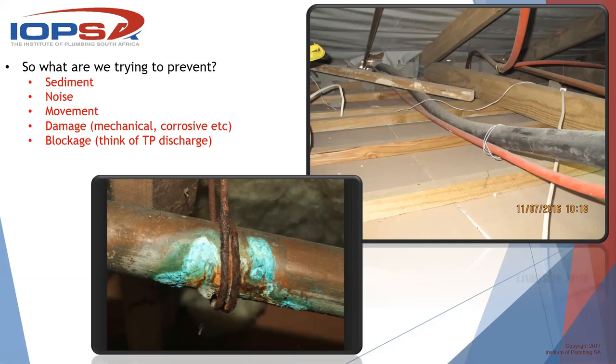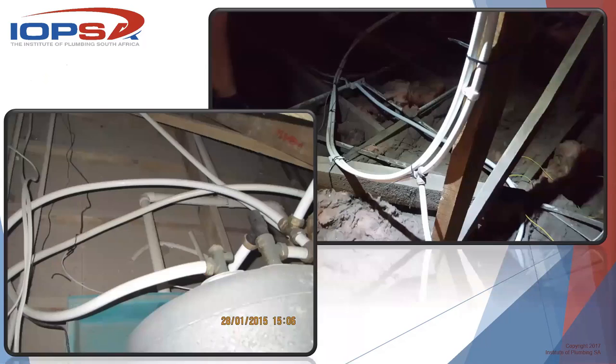Don't laugh. It happens. Spiders, wasps go and make little nests in there. And if you've got a bow in that pipe, it makes a perfect little space for a nest, or years of dust and debris settling in that little bow. And all of a sudden, when that thing wants to discharge, it can't, because it's blocked. And especially if it's got a backfall or something like that, or a bow in it, that is particularly dangerous.